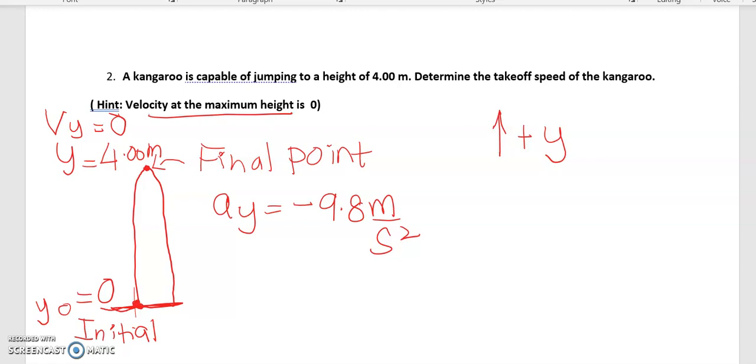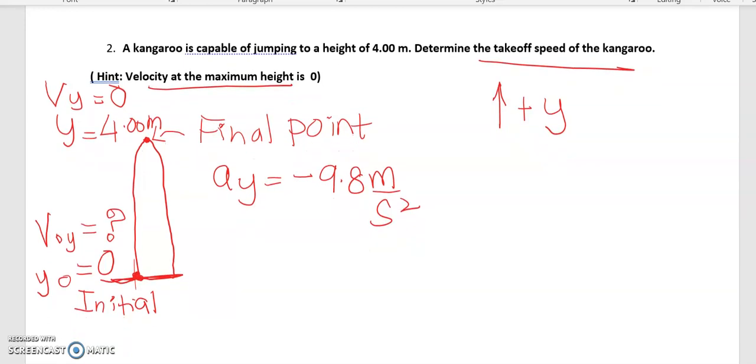We are asked to find out the takeoff speed. That is the initial y velocity V0y, the takeoff speed. At what speed does the kangaroo start its motion? So now we have everything here.